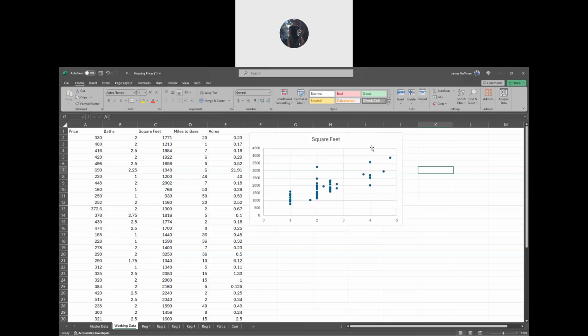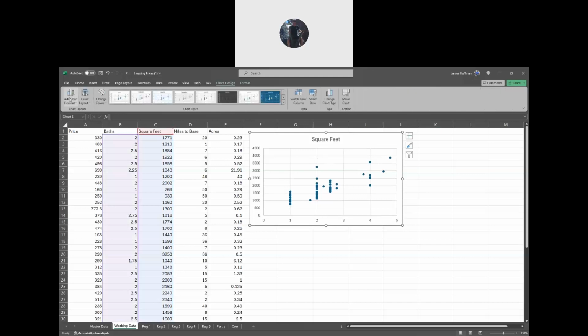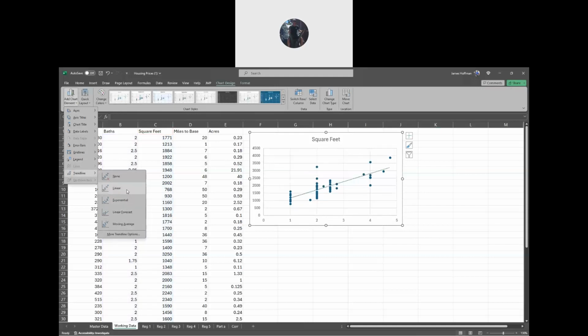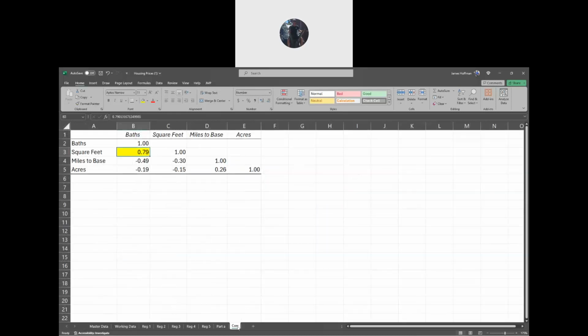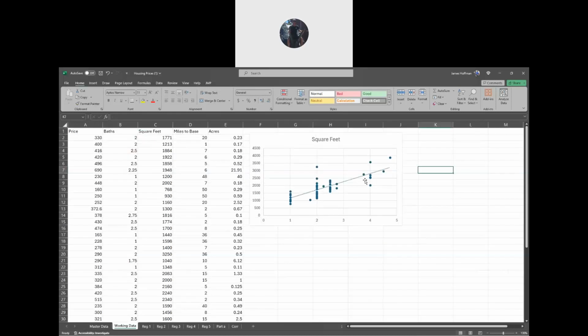If you were to put a trend line on it, like we did in the past, with Chart Design, Add Chart Element, Trendline, Linear, it's pretty evident there's a correlation. Given that the correlation coefficient is pretty high and there appears to be a positive relationship, we'd probably want to take one of those variables out.